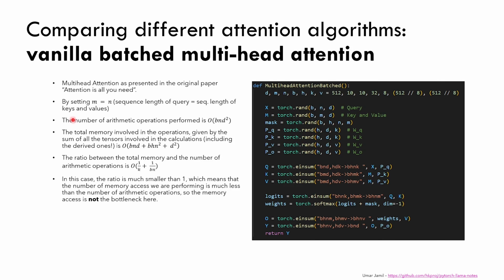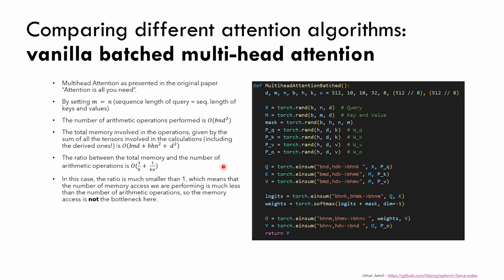So he calculated that the number of arithmetic operations performed is O of b n d squared, where b is the batch size, n is the sequence length, and d is the size of the embedding vector, while the total memory involved in the operations, given by the sum of all the tensors involved in the calculations, including the derived ones, is equal to O of b n d plus b h n squared, where h is the number of heads in this multi-head attention, plus d squared.